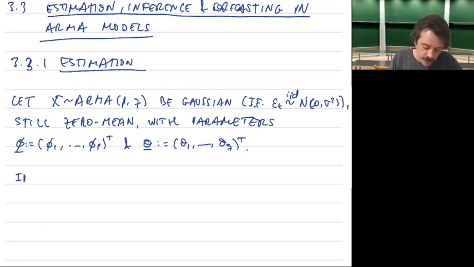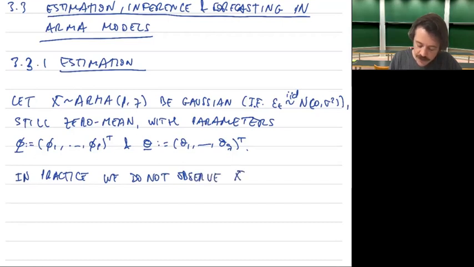So in practice, we don't observe the whole of X, but, without loss of generality, what we observe is some X that is going to be X1 to Xn, for some n.